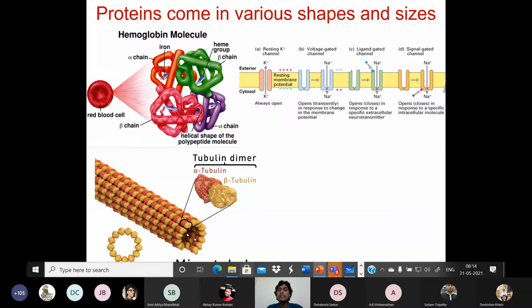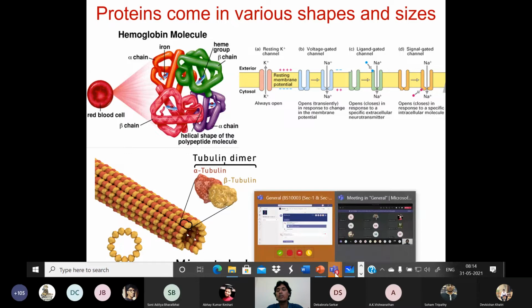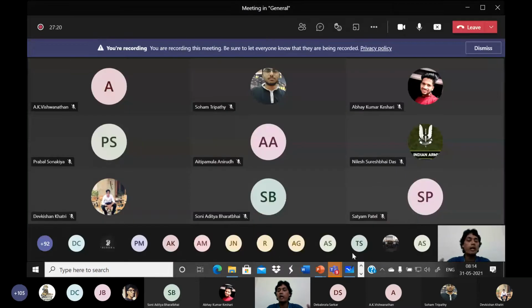Intracellular track means, for example, you are going from your hometown to some other place, right? You can take some kind of railway system, some train. So they have some track. So inside the cell, different things are moving from one direction to another. All the time, those things are not happening randomly. Some track systems are also present in our cell, so that some particular molecule can go from this side to that side.